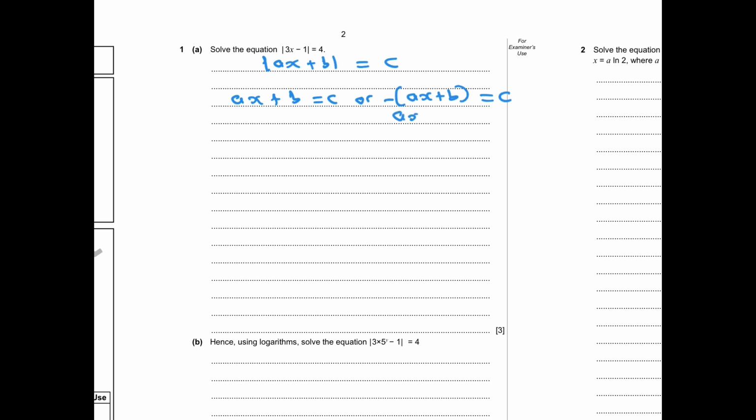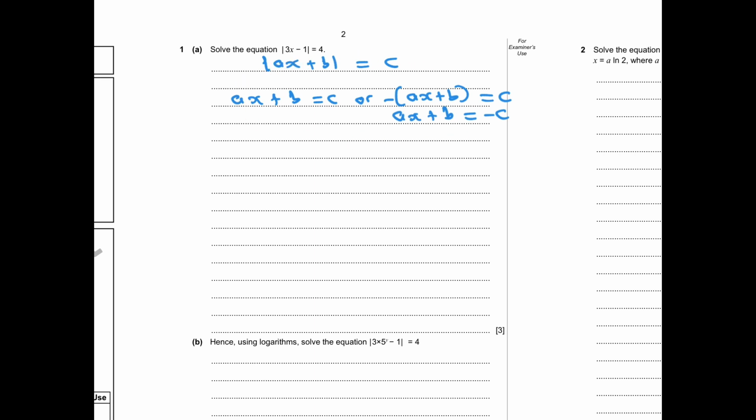We're going to have ax plus b is equal to negative c. All right. So we have these two equations which we then need to solve separately. So this for the positive and that for the negative. So that is actually the general definition that we are having here.